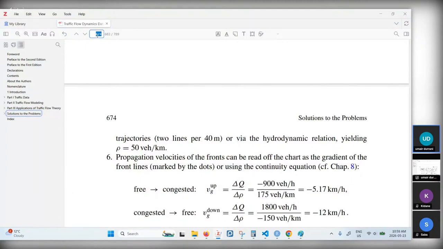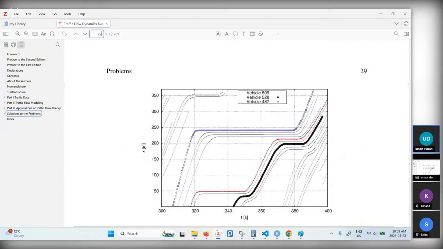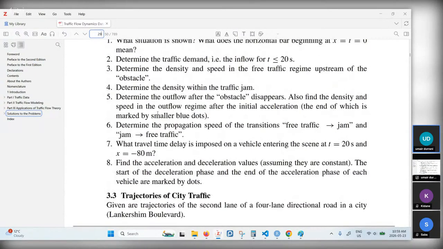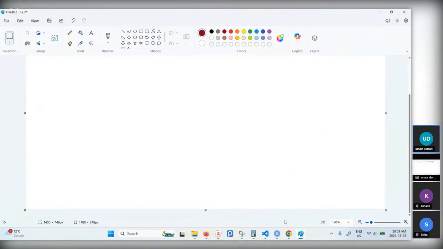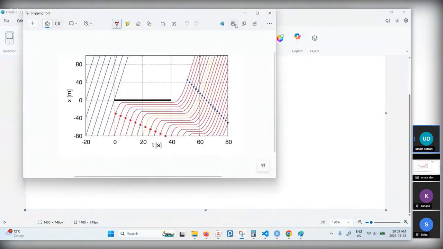Okay, next. Question number 6, determine the propagation speed of the transitions, free traffic to jam and jam to free traffic. Propagation speed of the transitions. So propagation speed is, let's put the plot again.